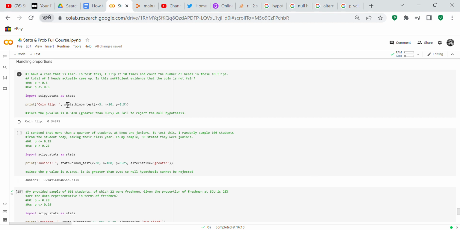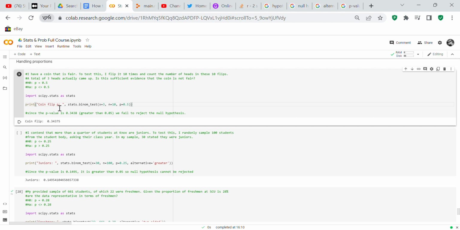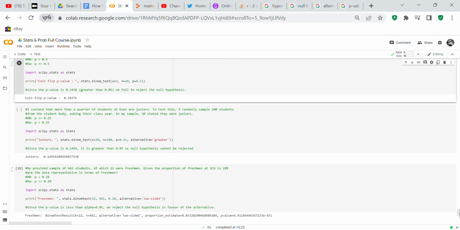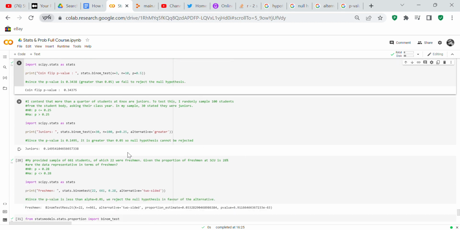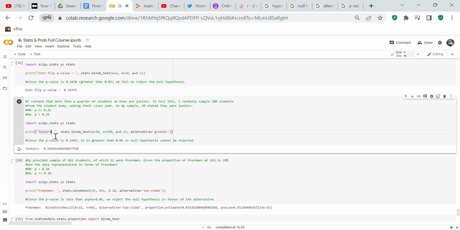And let's just write this here, so it clarifies that it's a p-value. So that's our first one. So you can see that the p-value is the same.